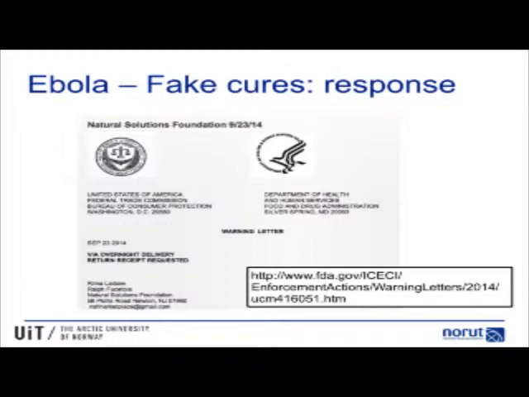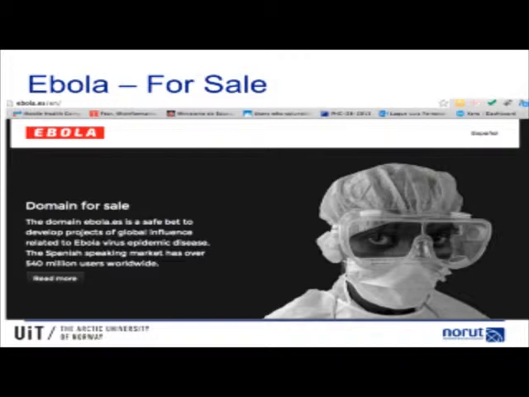If you compare the media usage of those promoting natural cures versus the reaction from the government, it's not very balanced. The guys promoting natural fake cures for Ebola or many other diseases are using social media much better. One thing that is also interesting is how people are buying domains.